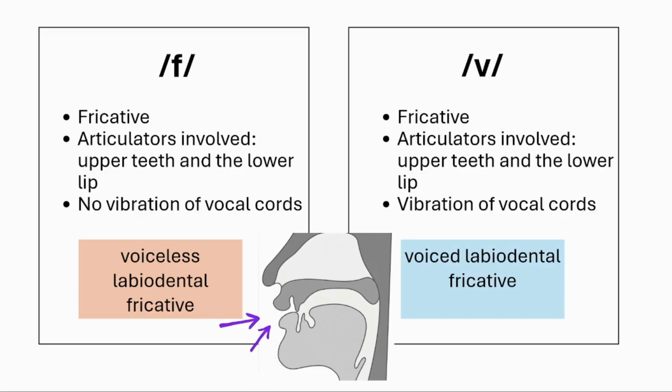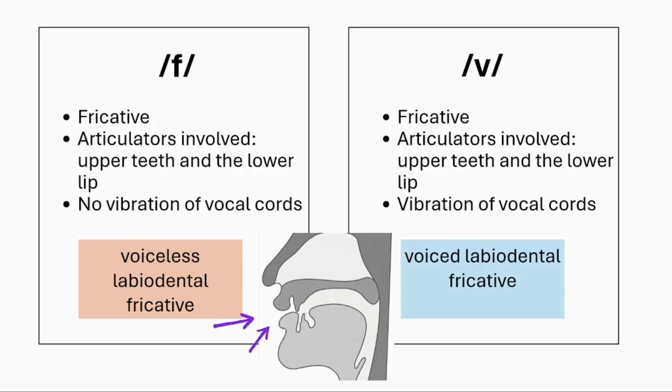So regarding the manner of articulation, this is a fricative sound because it's a sound in the production of which the articulators come closer and the air escapes through a narrow passage, making a hissing sound. So the manner of articulation is fricative.